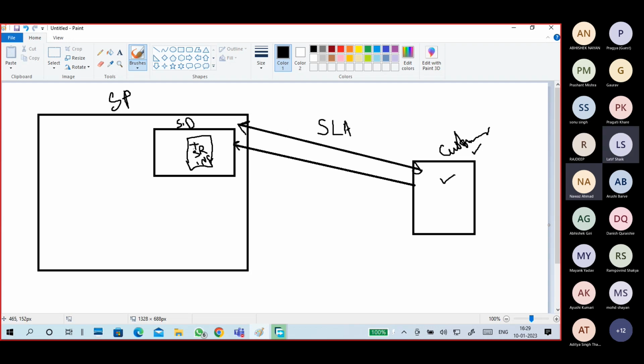The service desk person will create a ticket. First, they create a ticket, and then they try to give initial support to the customer, either supporting the ticket directly themselves.